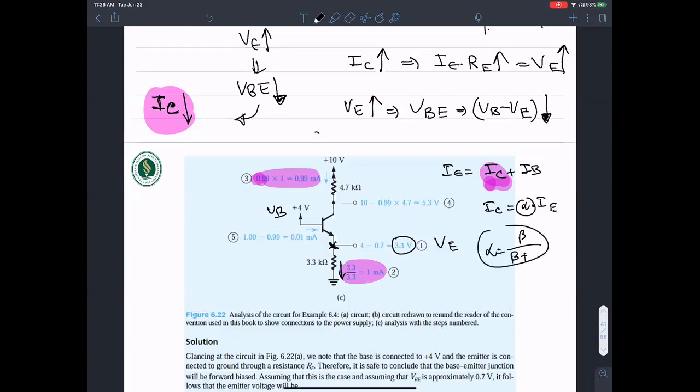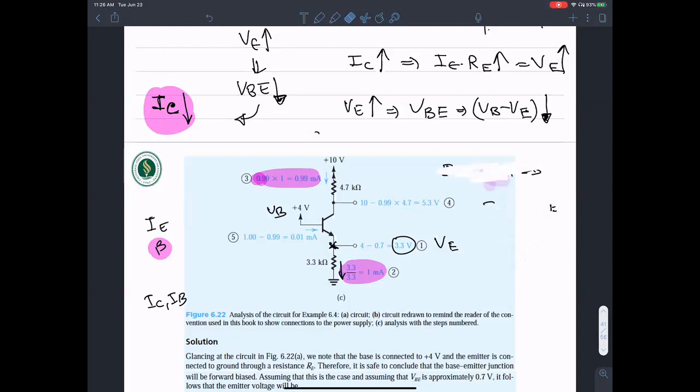So the idea is, if you have IE and beta, you can calculate IC and IB. If you have beta and one other term, you can calculate the other currents. That's all there is to it. So that's the third step.